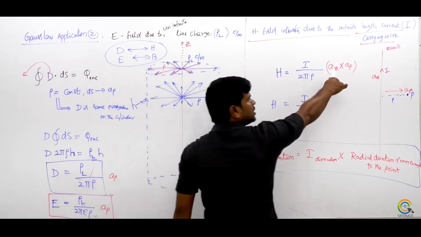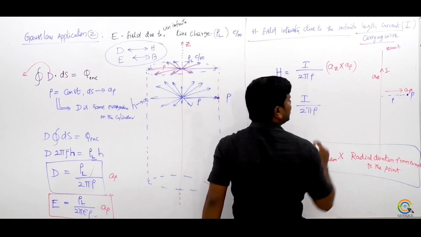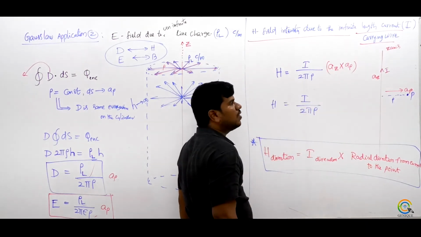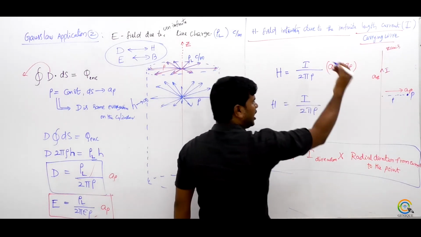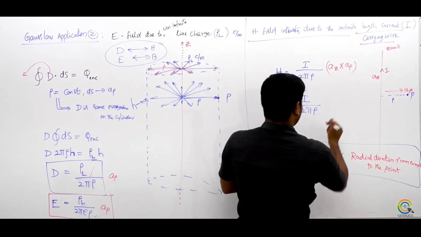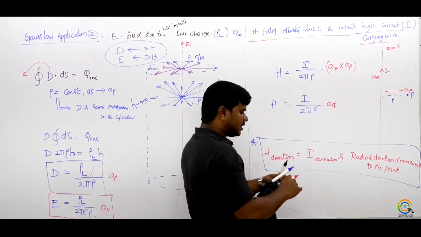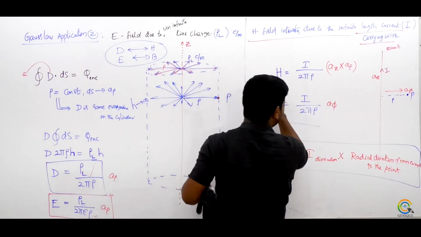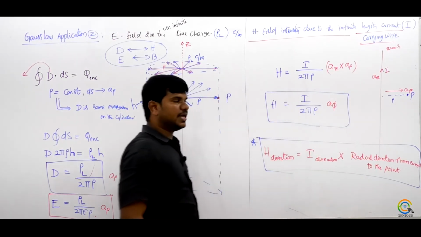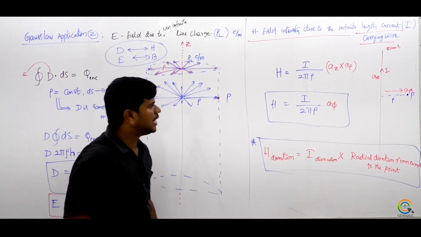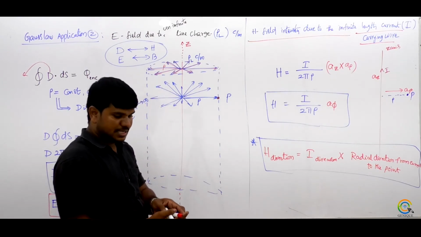a_Z cross a_rho. These are in the cylindrical coordinates. a_Z cross a_rho is the third unit vector. What is the third unit vector? a_phi. It is satisfying the right handedness, so no need to write a negative sign there. So this is I divided by 2 pi rho a_phi. Understand?